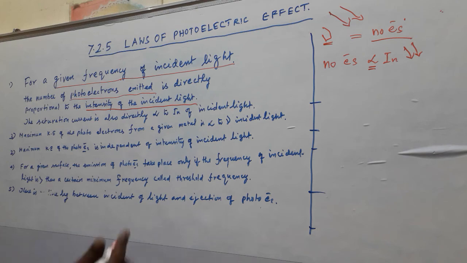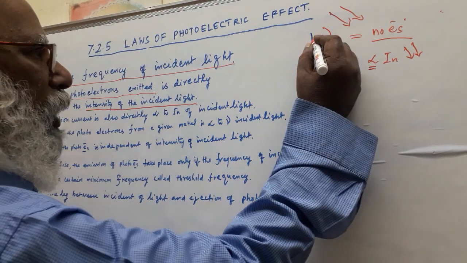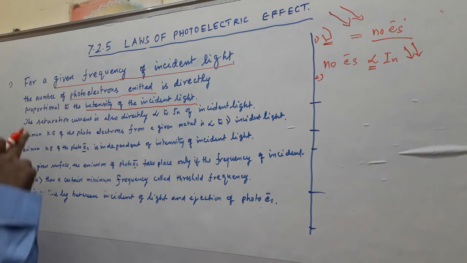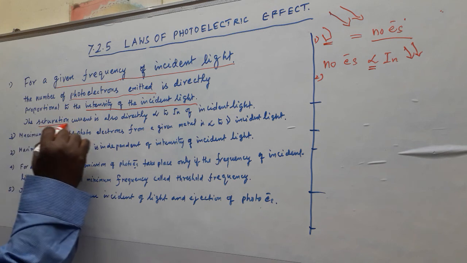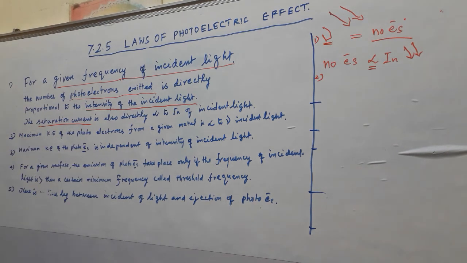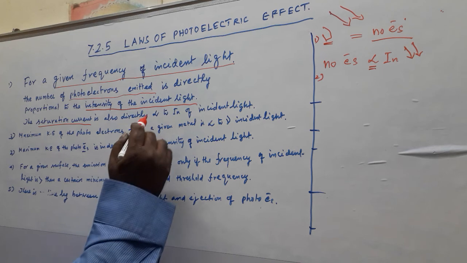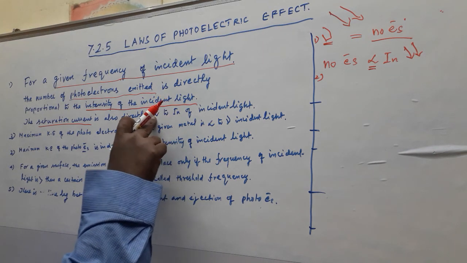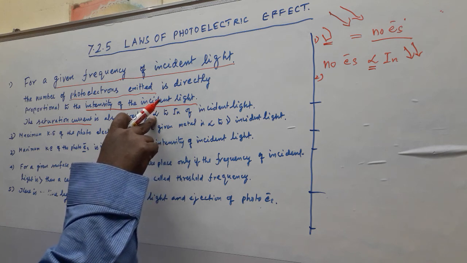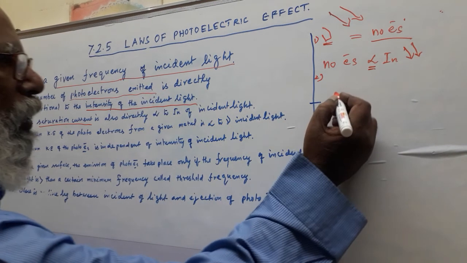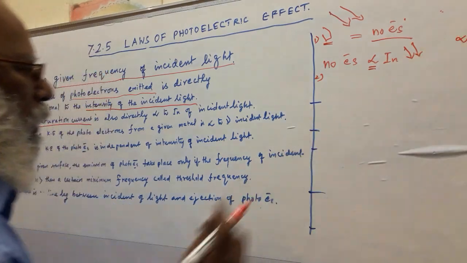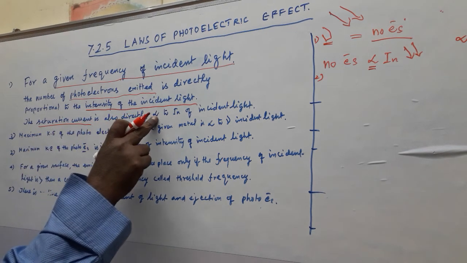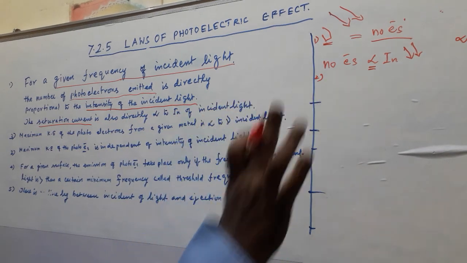Then the second part of the first law, this was the first part. The saturation current is also directly proportional to the intensity of incident light. For simplification, I put this sign, which is called directly proportional.